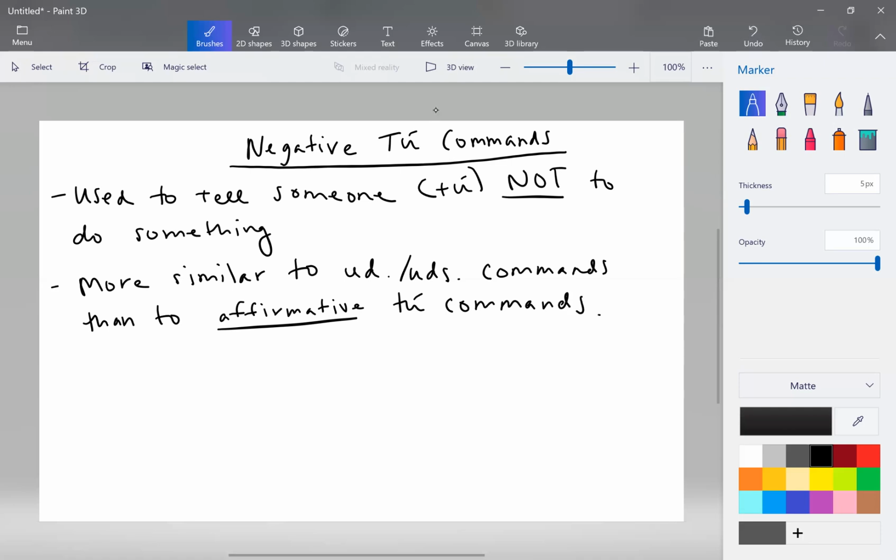When I say they're more similar, it means that they look and sound more like the usted and ustedes commands, which is why we learned them separately.